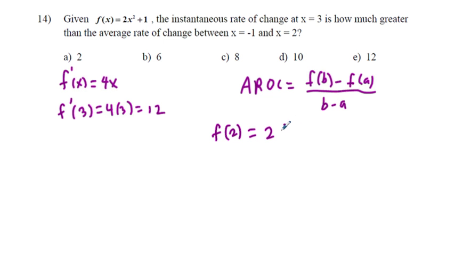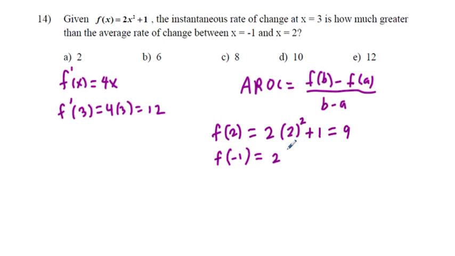Equals 2 times 2 squared plus 1, which is 2 times 4 plus 1, which is 9. So that's 9. And f of a is going to be f of negative 1.